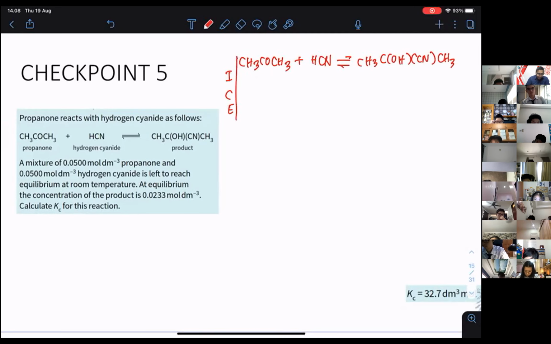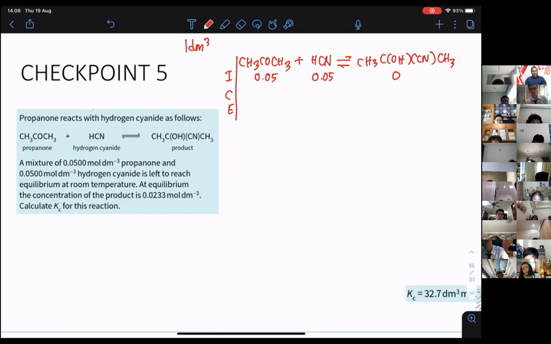Initially, according to the question, you have 0.05 mole per dm cube. So just assume that we are going to use 1 dm cube over here. So I just put moles, 0.05. And then you have 0.05 of HCN over there. Initially, it means if they are adding two reactants, there should not be any product, zero. And then they leave it for a while to reach the equilibrium.